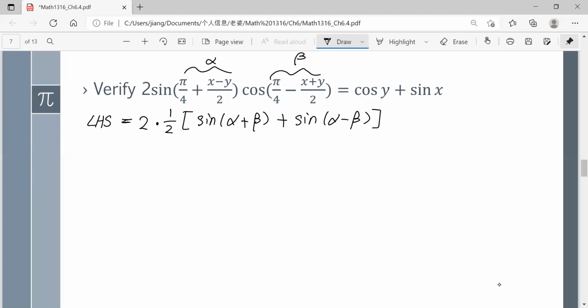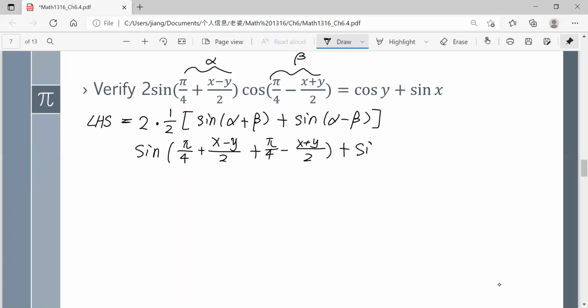So this is alpha, this is beta, plug in alpha and beta. So 2 and 2 cancel out. We just bring down the terms like sine alpha plus beta. Alpha is pi over 4 plus x minus y over 2 plus beta, pi over 4 minus x plus y over 2.